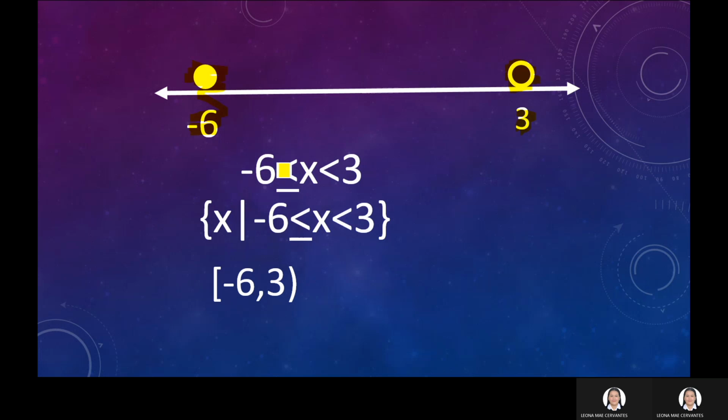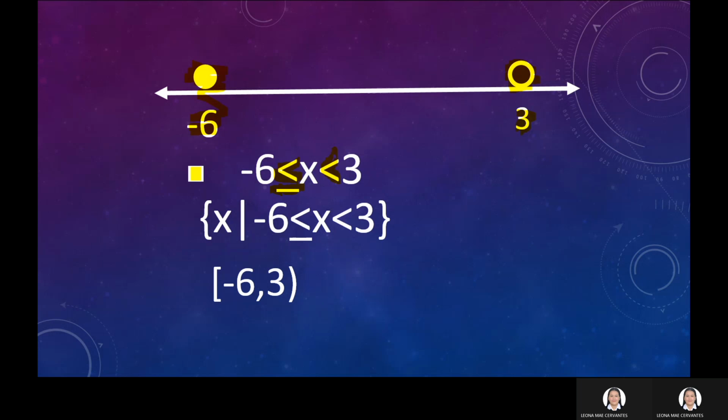Negative 6 is shaded or included, so we will put an underline or equal. Since positive 3 is not shaded or not included, we will not put an equal or underline. So for our inequality notation, we have negative 6 is less than or equal to x, and x is less than 3.